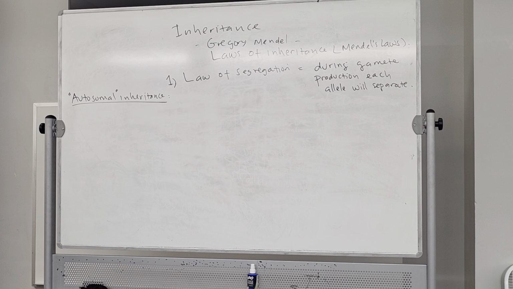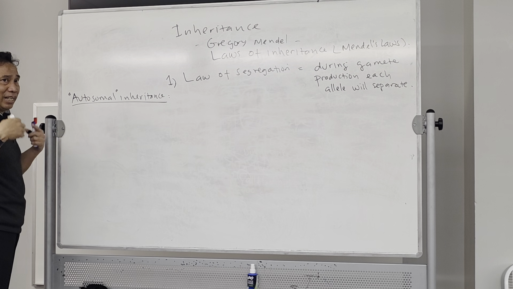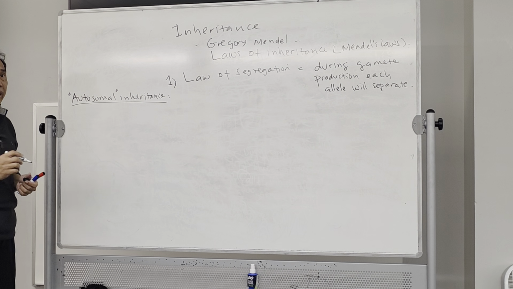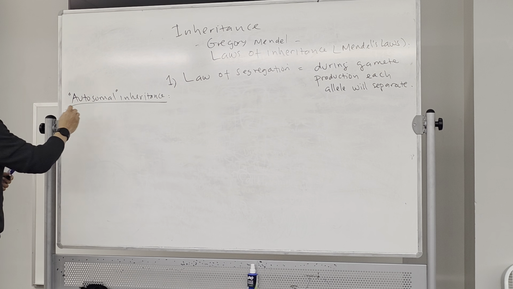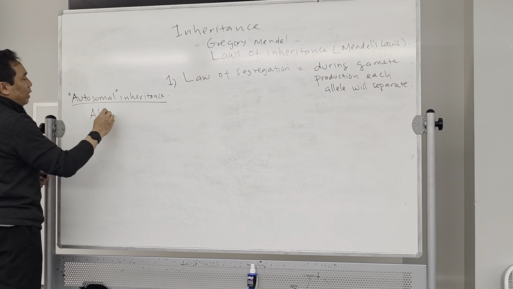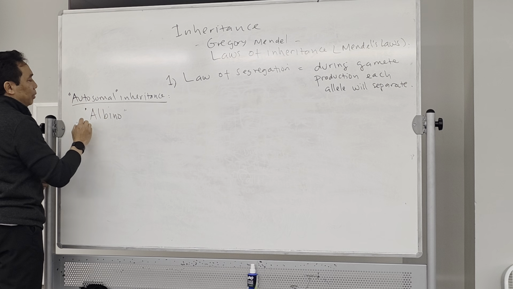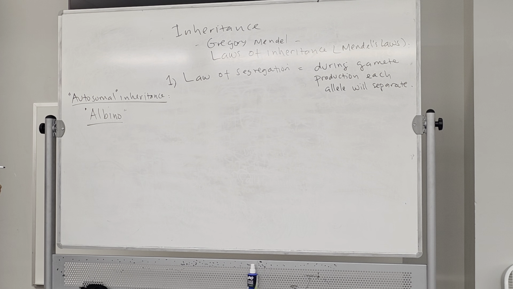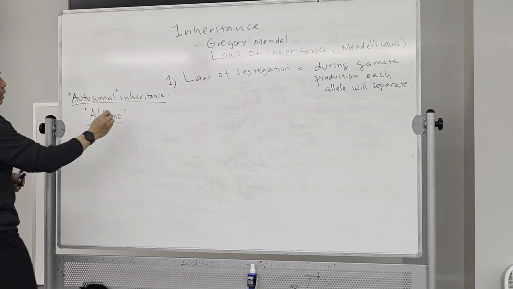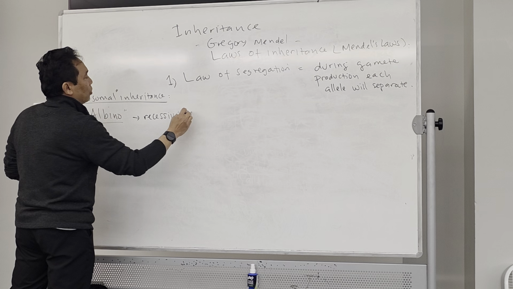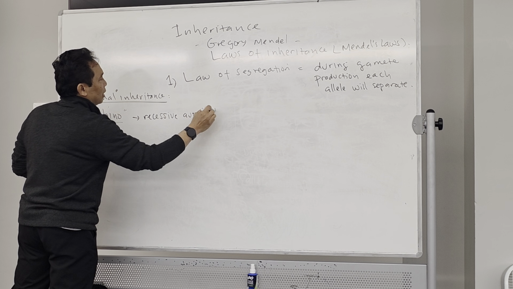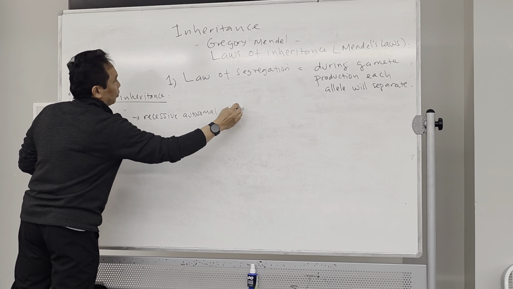Now we're going to use the easiest example. Let's say there are some people who have a problem with skin pigmentation. Let's say albino. This is actually an inherited disease or disorder. So albino is a recessive autosomal disorder.